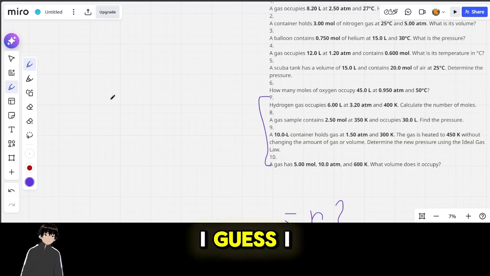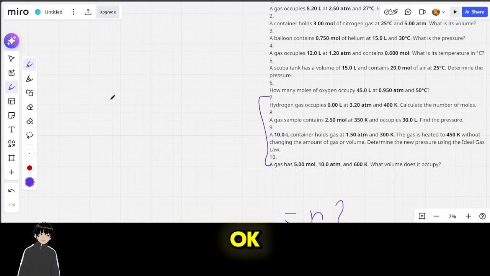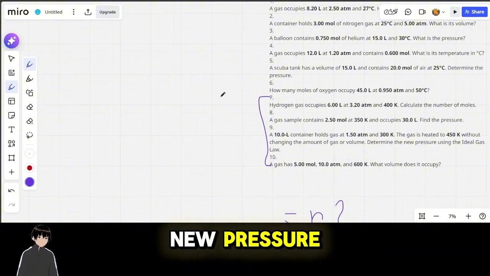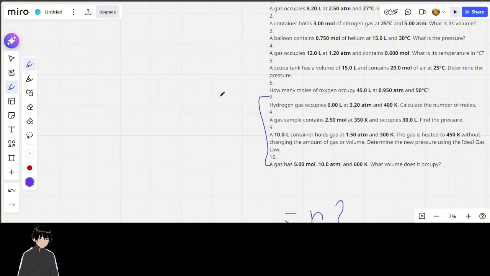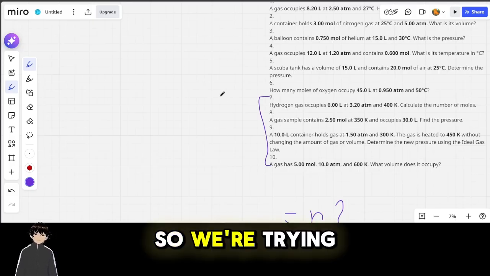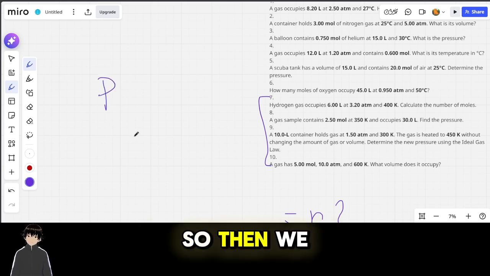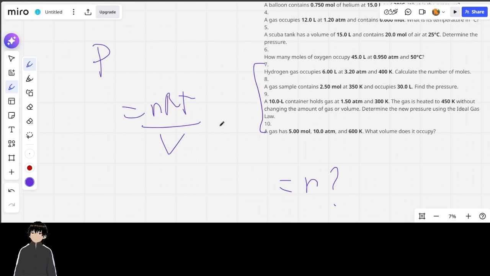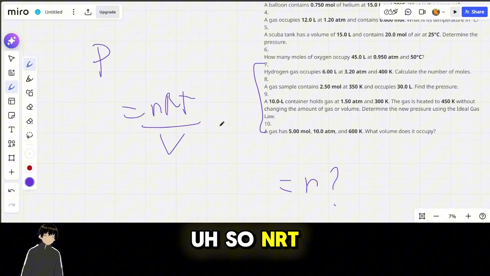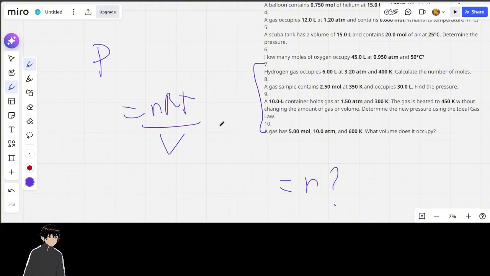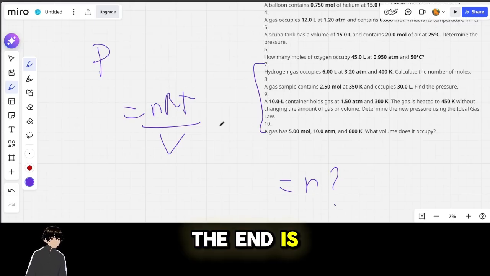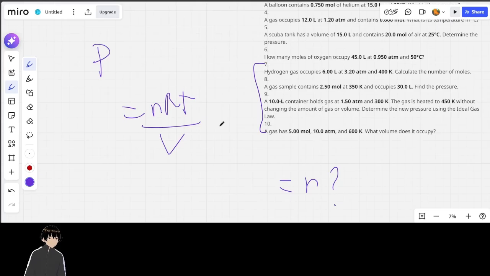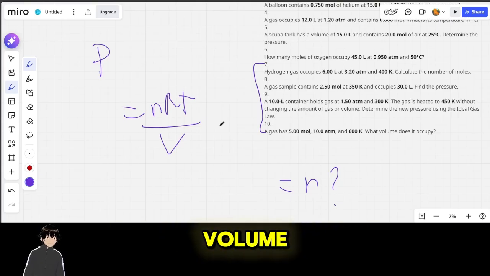Okay, we're trying to find the new pressure. So nRT, what is n? The n is the changing amount of gas or volume.